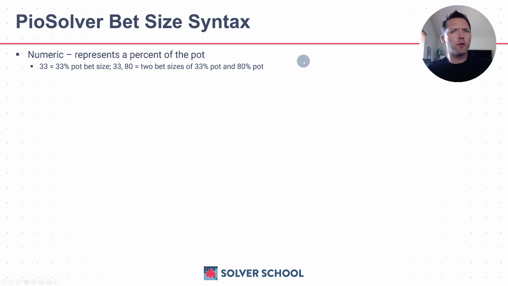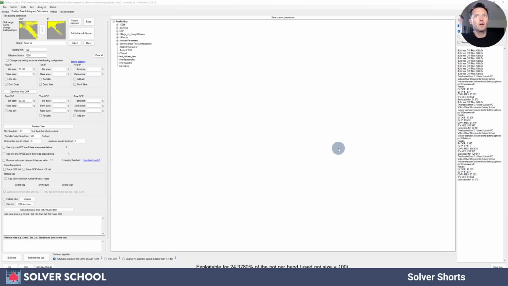So let's hop over in PioSolver and quickly show you how this numeric option works and what you actually get when you build out the game tree within PioSolver. All right, so here in PioSolver, the simplest example is this first numeric example. And as I mentioned, you can just type in some numbers here. So I've typed in 33 and 80 for both the in position and out of position players.